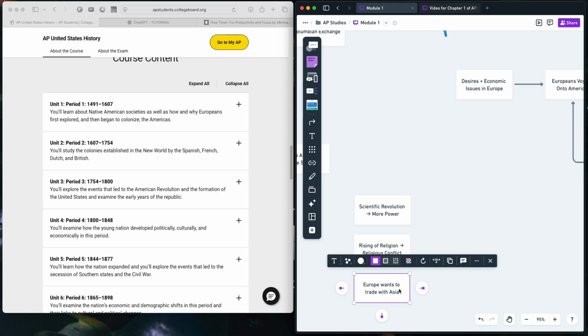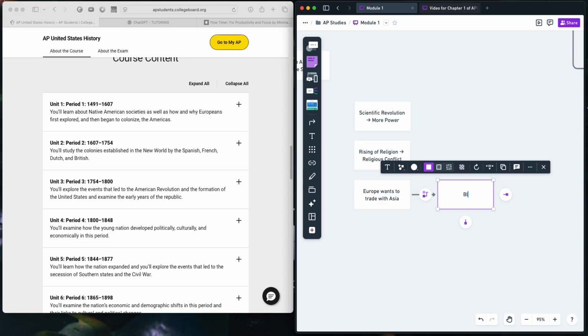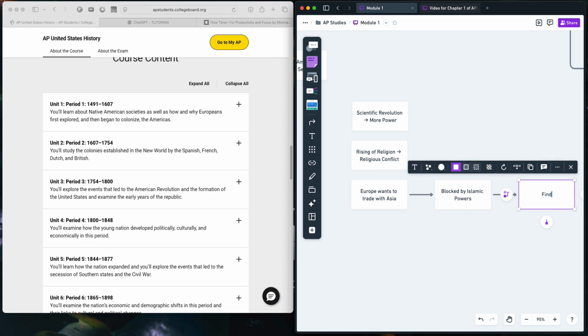Do you get that? And then last but not least, Europe wants to trade with Asia. I'm going to just say blocked by Islamic powers, which leads them to what? Find other routes to Asia.